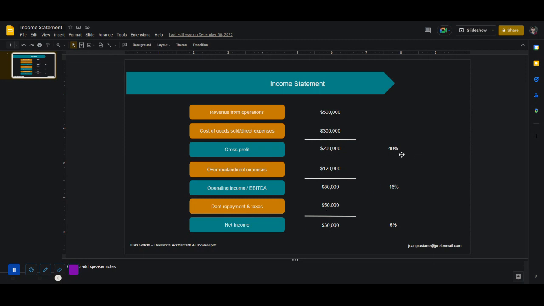What you see here, these percentages, are the margins. It's dividing the gross profit by the revenue from core business operations. So you're going to get this margin, which tells you, of every dollar that you make, your gross profit is 40 cents of each dollar that you make in revenue. And your operating income again is a percentage of sales of your core business revenue.